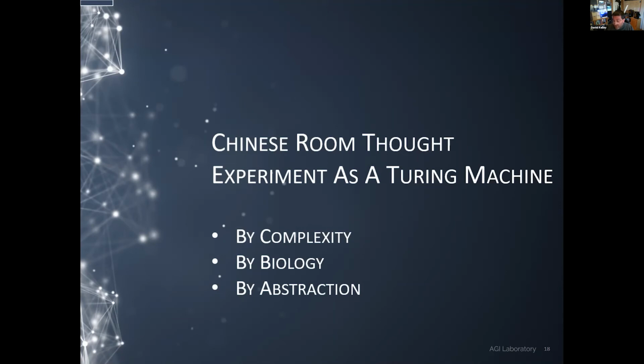Then you could theoretically get to something that by abstraction is conscious, even though the guy in the box or the box itself isn't necessarily conscious. And that's where we get to this theory of abstraction, or abstract theory of consciousness, which is really kind of the root of this second paper.